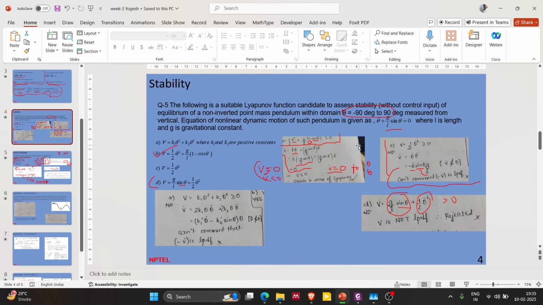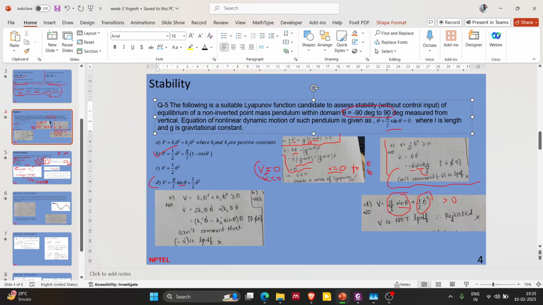There are other approaches to find stability also: the eigenvalue approach, and another called Routh's criteria. But this is one of the most universally accepted criteria, and it will help you when you want to make some kind of a robot, which is very complex.